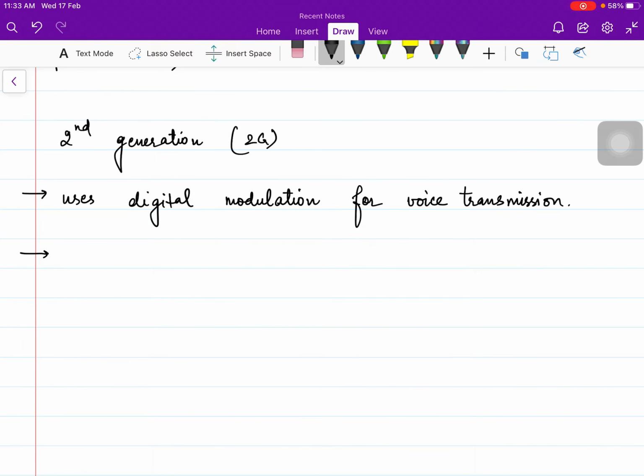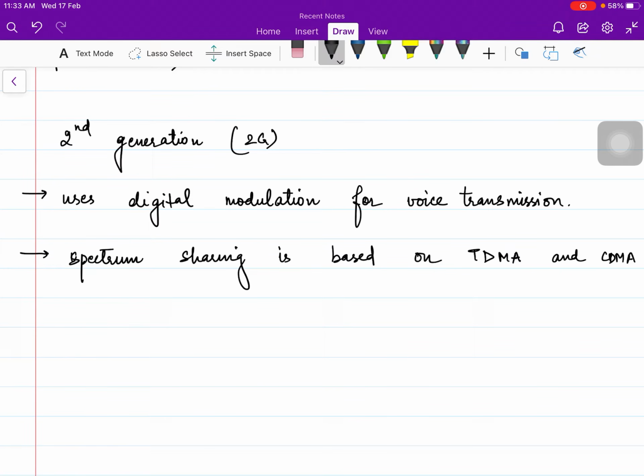And the second feature is the spectrum sharing is based on TDMA, that is time division multiple access, and CDMA, that is code division multiple access.